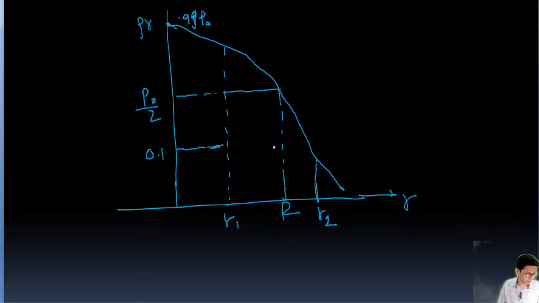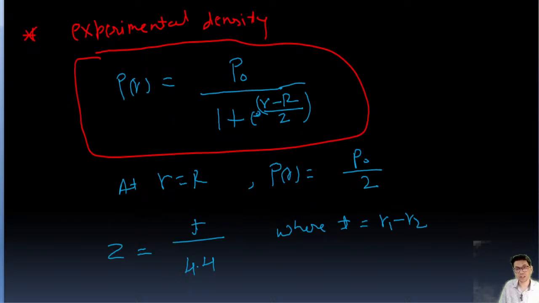Okay, this is the graph between rho r and r. This is r1 and r2. When small r equal to capital R, then this value is this.